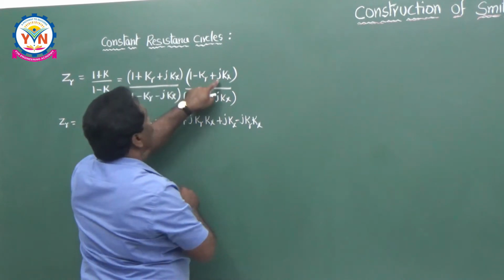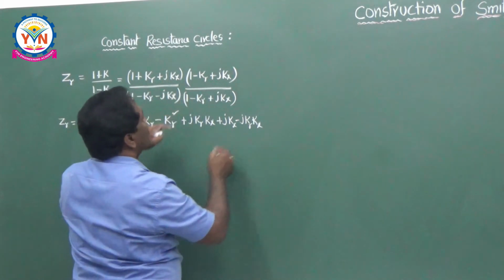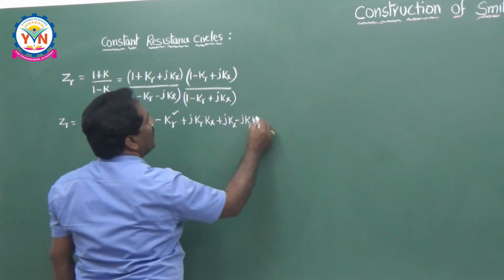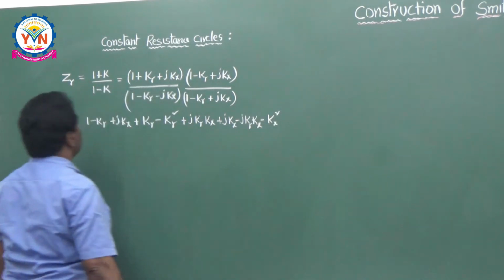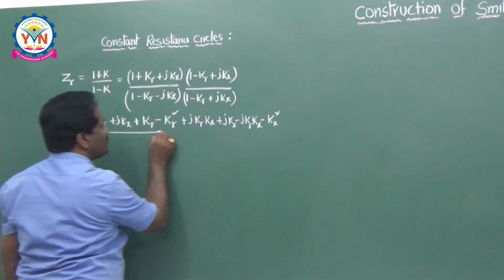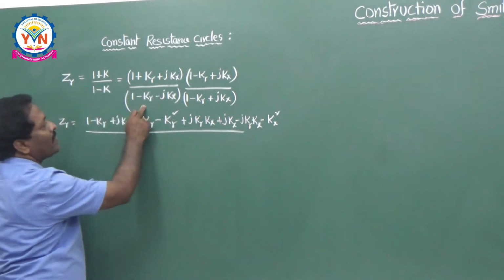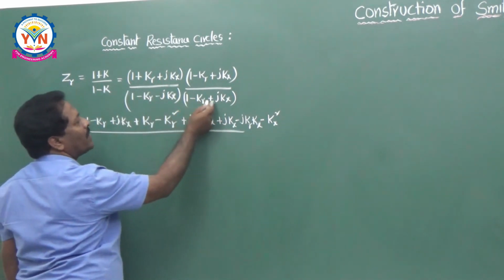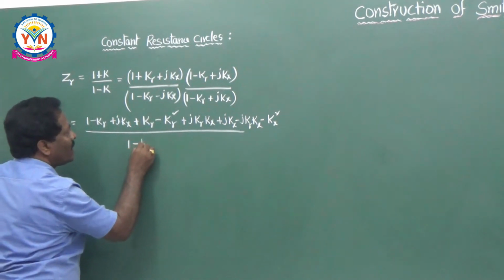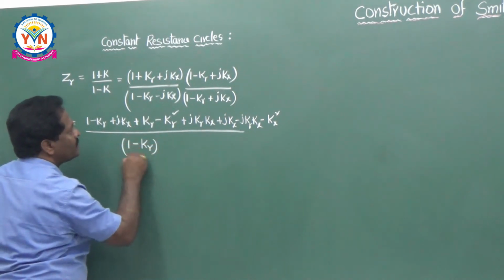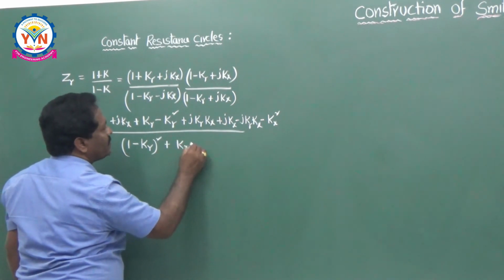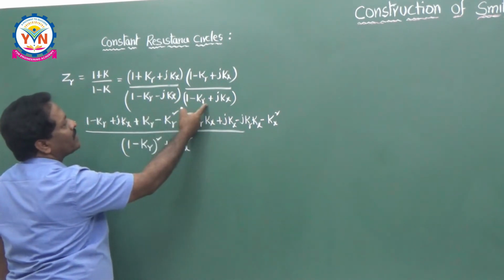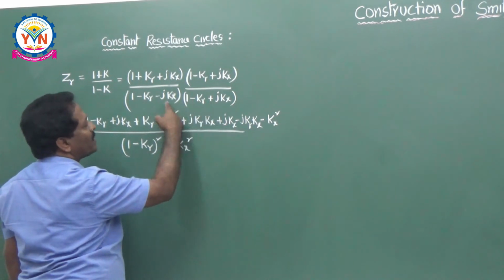This is j into j, j square is minus 1, that's why it is minus j minus kx square, divided by 1 minus kr, a minus b, this is a plus b, that's why I can say 1 minus kr whole square plus kx square, because a square minus b square, j square is minus 1, minus of minus is plus 1.